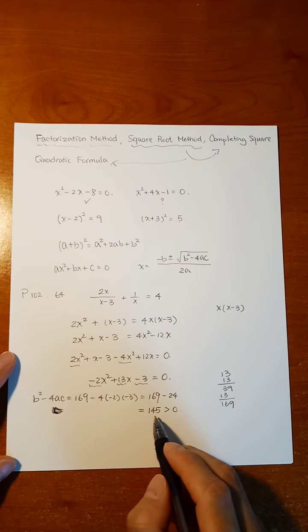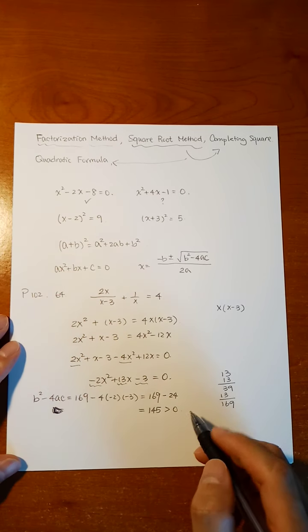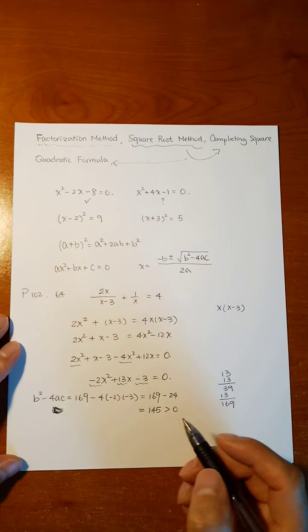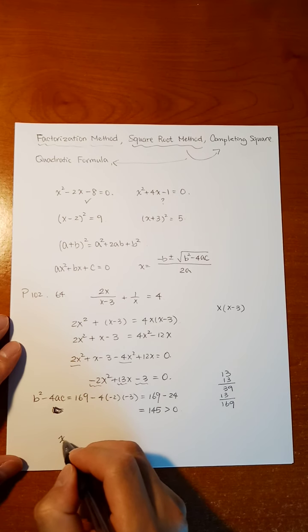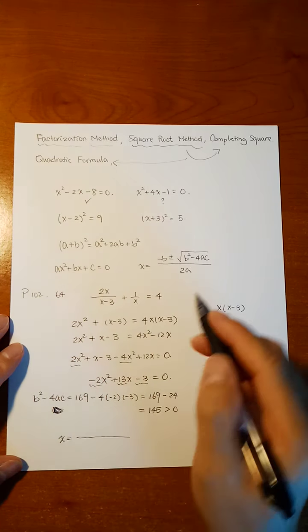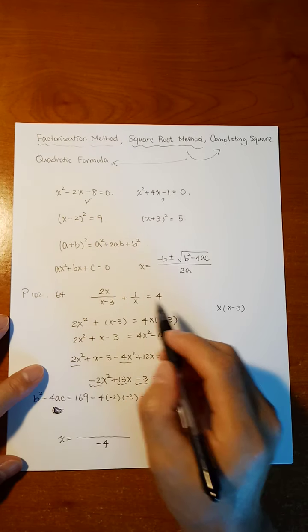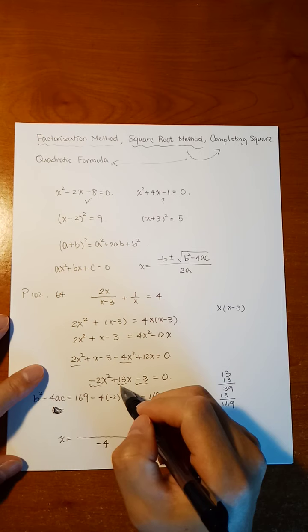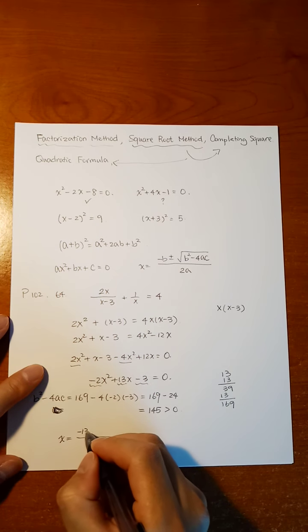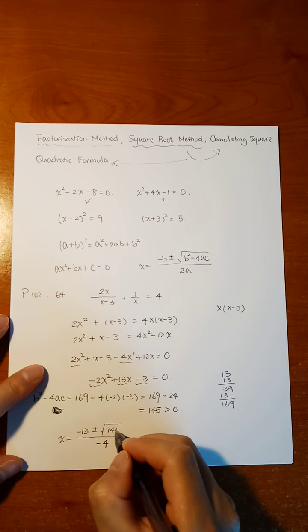This b squared minus 4ac is 145. 145 is positive, so you have two different real roots. So x is negative b, which is negative 13, plus or minus the square root of 145, over 2a, which is negative 4.